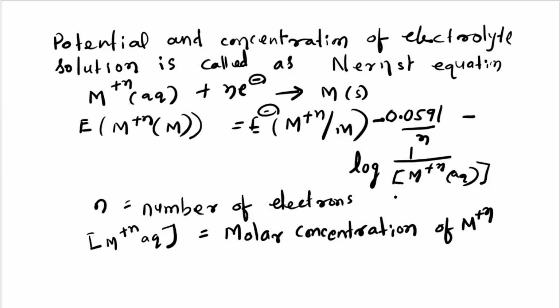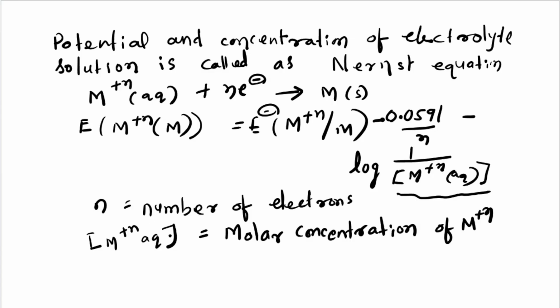What is the meaning of the square bracket? Molar concentration. So this is the equation where n, the number of electrons, is the main factor; 0.0591 by n is the second; and third is the molar concentration, 1 by M plus n.